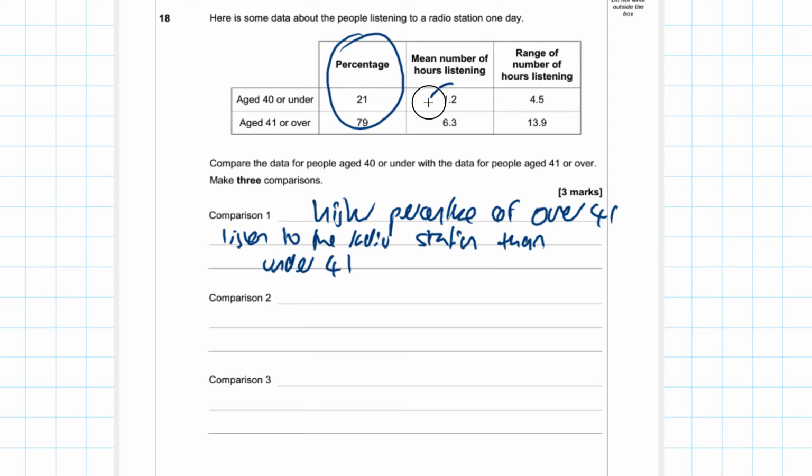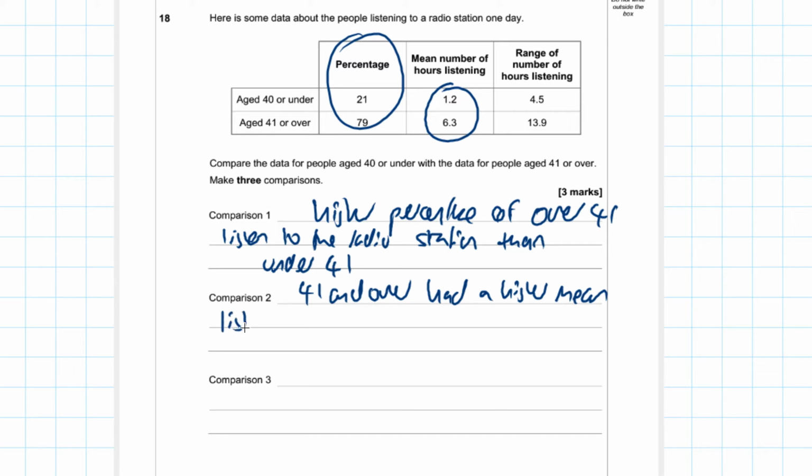The next one is the mean number of average listening times. So, 41 and over had a higher mean listening time or higher average listening time than under 41.